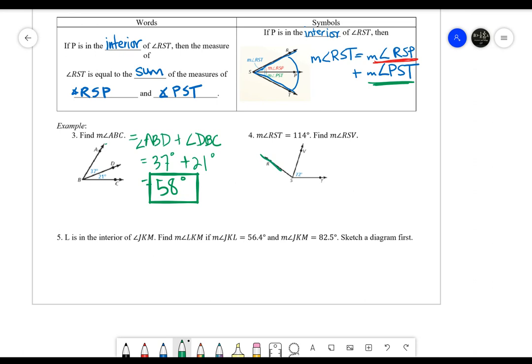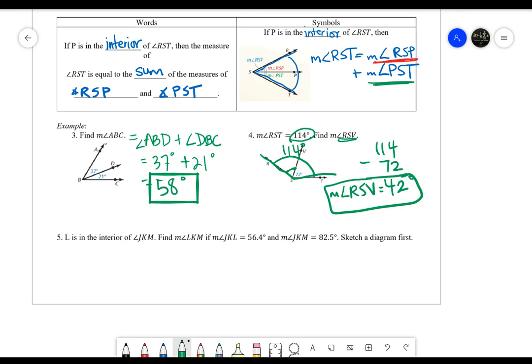Secondly, if you know that from R to S to T is 114, all of this is 114, then finding RSV, this angle, we're going to subtract the other one that is labeled. And so measure of angle RSV is 42 degrees.